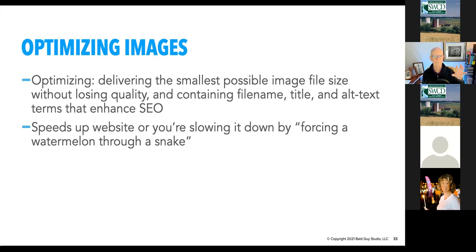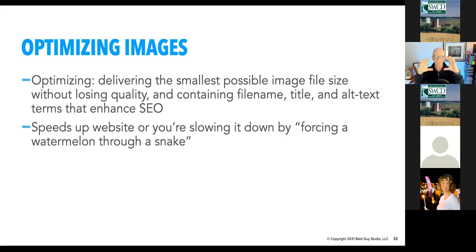What I'm talking about is that if you have a 3 megabyte image that came off of your iPhone that, if you were to look at it printed, would be wider than I can reach, 3, 4, or 5 megabytes, and you just upload that willy-nilly to your WordPress website, then when somebody comes to look at that, yes, it will fit into the frame that you've embedded it in.